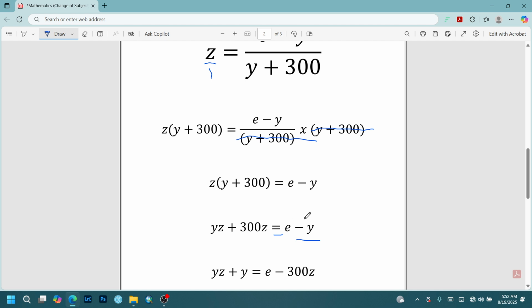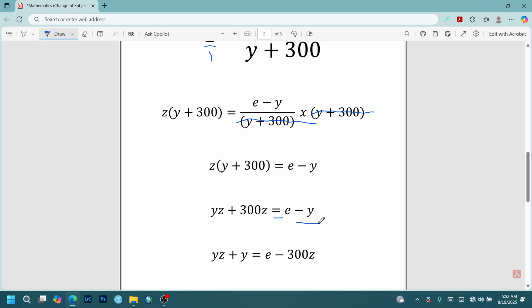So we have our equation to be yz plus y, because negative y has migrated to the other half of the equation by crossing the equal to sign and changing its form. And here we have positive 300z.